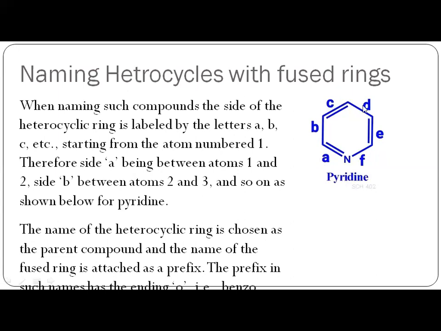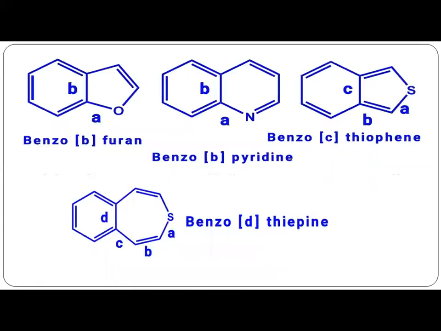After that, the name of the heterocyclic ring is chosen as the parent compound, and the name of the fused ring is attached as a prefix. The prefix in such a case has an ending O, so we will call it benzo.